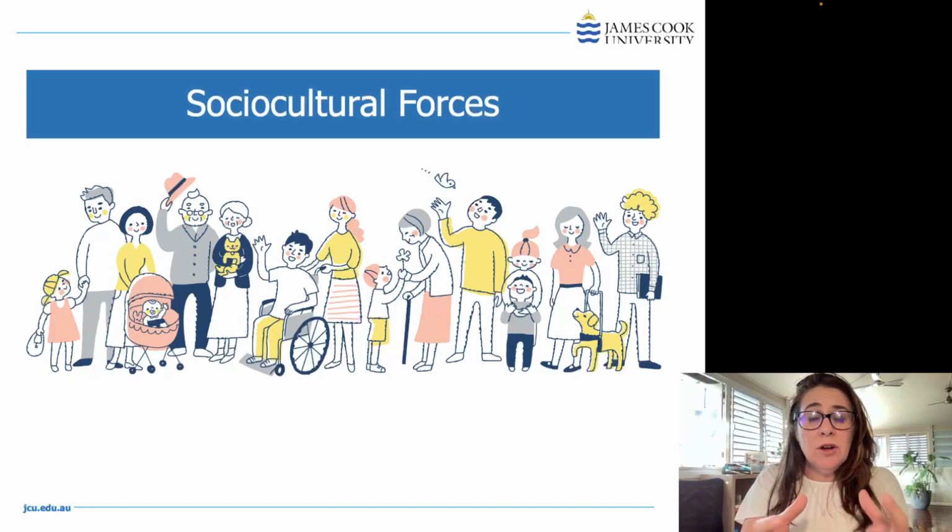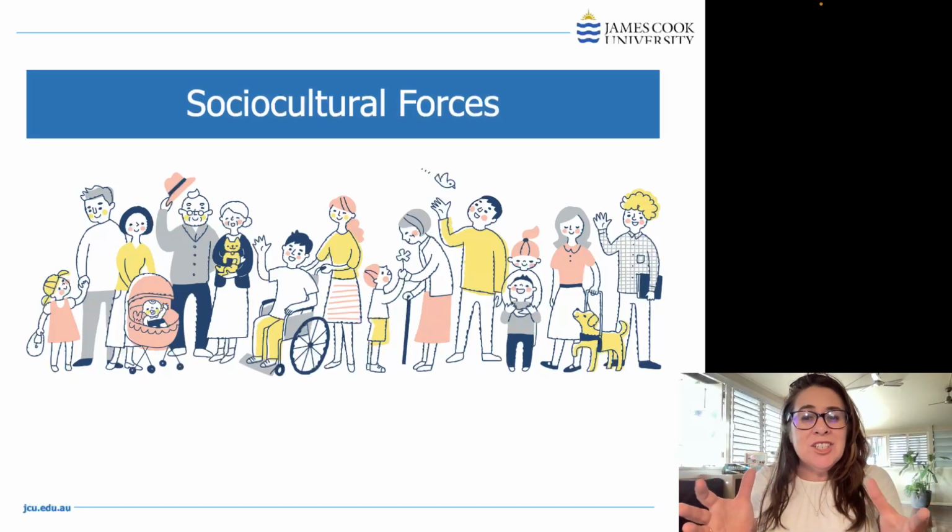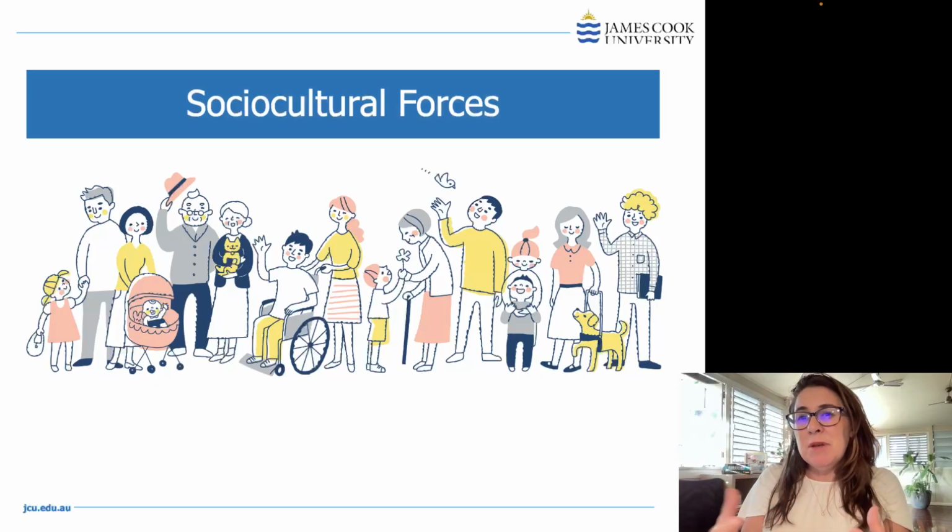According to the latest industry reports, immigration is increasing and Australia is becoming a more multicultural society. These and other changes in socio-cultural forces bring about unique problems and opportunities for marketers.